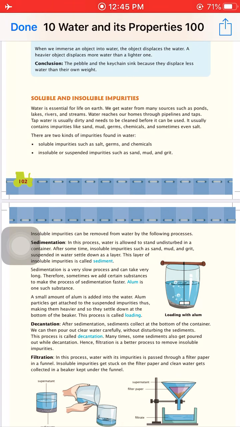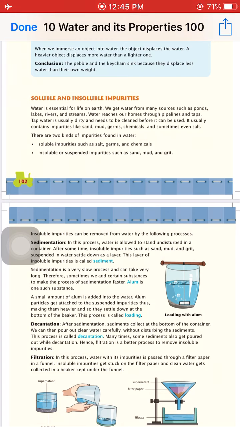Okay, now in this topic we learn that water is essential for life on earth. Okay, so we get water from very many sources, many water bodies like ponds, lakes, rivers and streams. Okay, and that water reaches our home through the pipeline system. Okay, and taps.